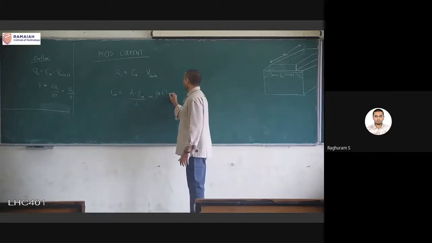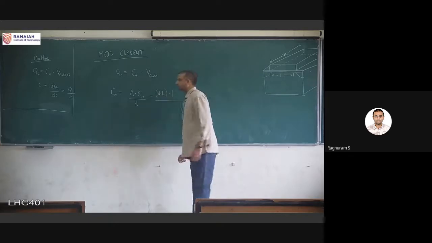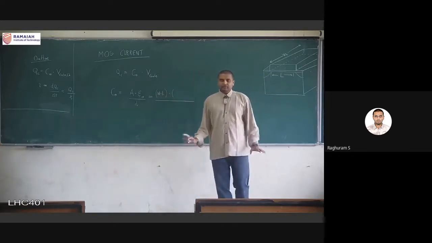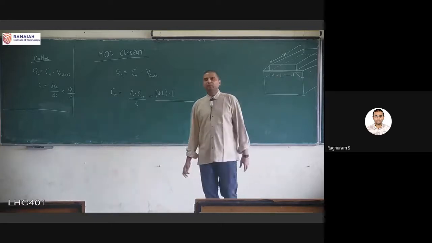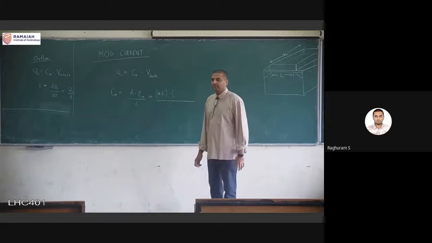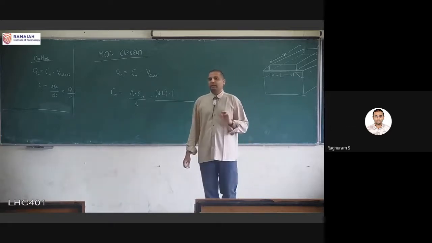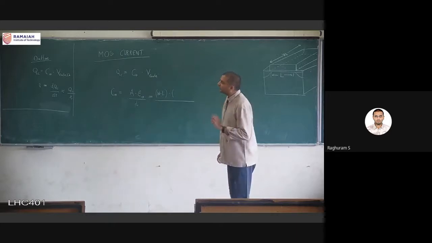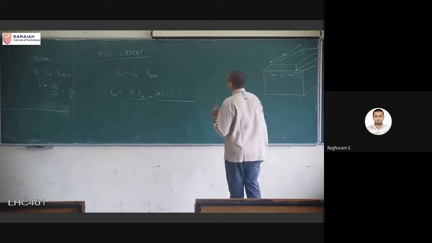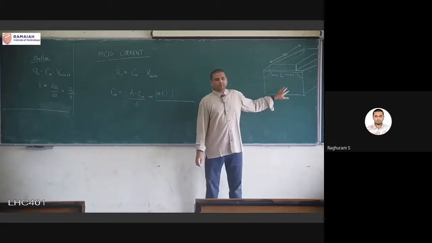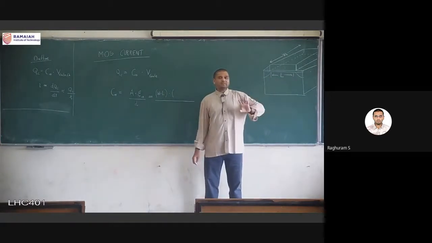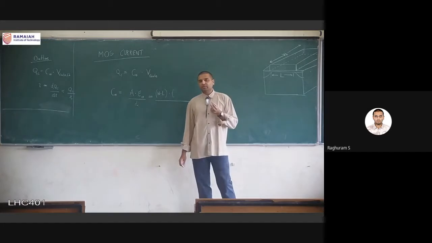And into, now this is something that you have to remember. Generally, it might be given. If it is not given also, you can remember epsilon oxide, the relative permittivity of the thin oxide, is 3.9. There are two different materials here. The bottom is a silicon substrate, but we are not talking about the silicon substrate when we are talking about the capacitor.